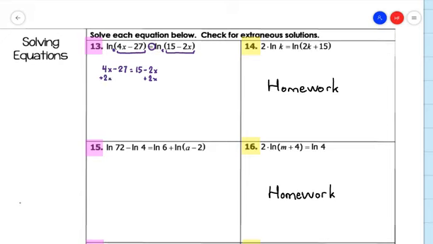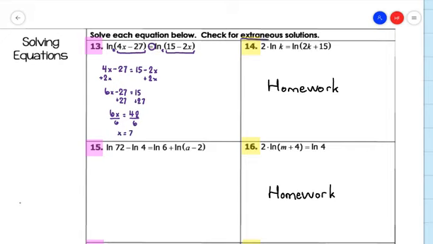So I'll add 2x to both sides. I get 6x minus 27 equals 15. Add 27. 6x equals 42. Divide by 6. And x equals 7.